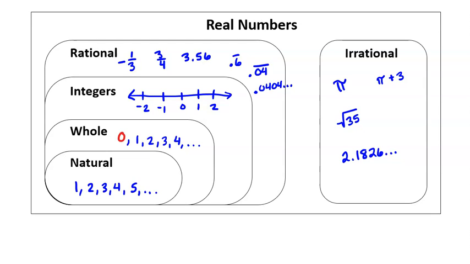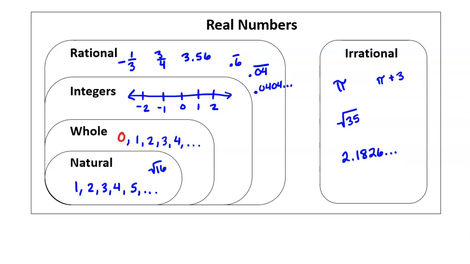Now, as I was talking before about radicals, if I have, let's say, the square root of 16, the square root of 16 actually simplifies down to 4, because 4 times 4 gives me 16. So you definitely want to make sure that you're simplifying these radicals before you classify that number.